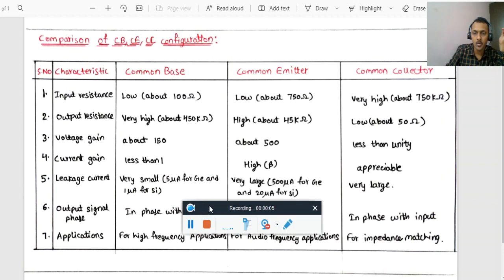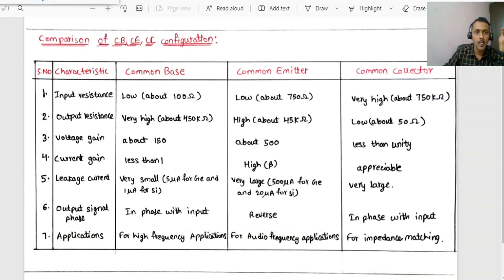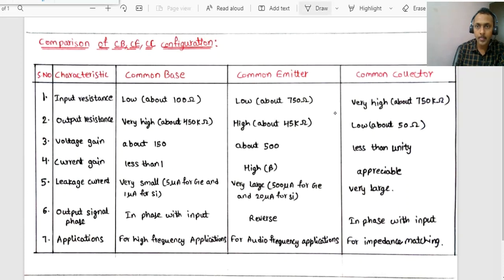In this video, we are going to discuss the comparison of common base, common emitter and common collector configurations. In the previous videos, we have seen in detail their circuit diagrams, configurations, and the derivations of the current amplification factors alpha, beta and gamma.